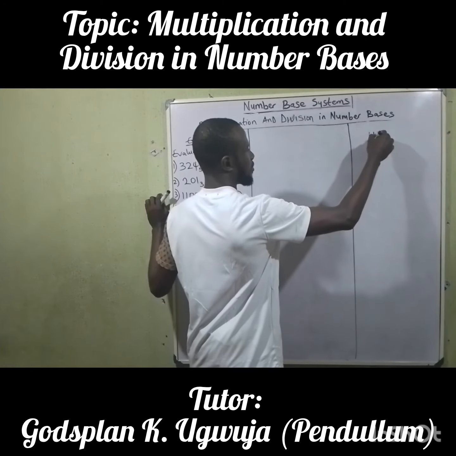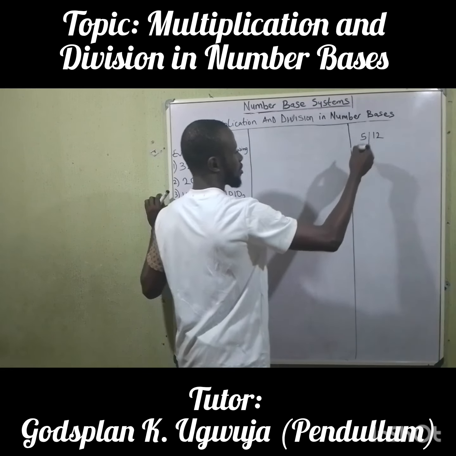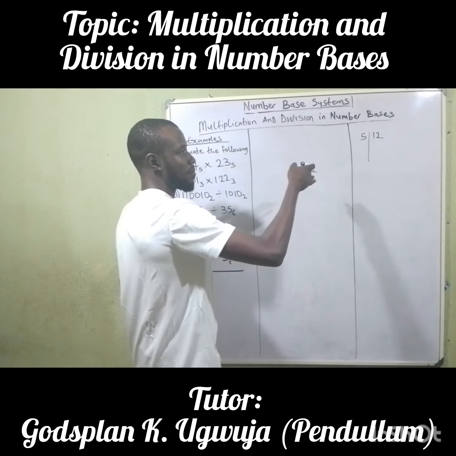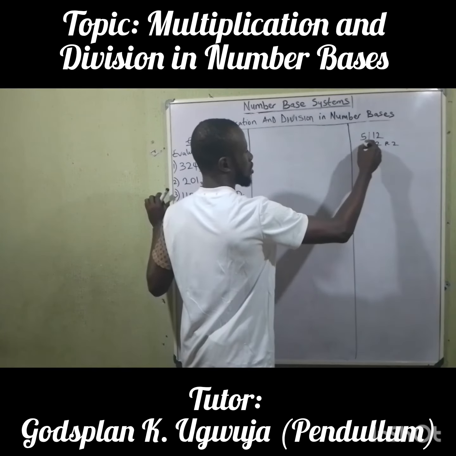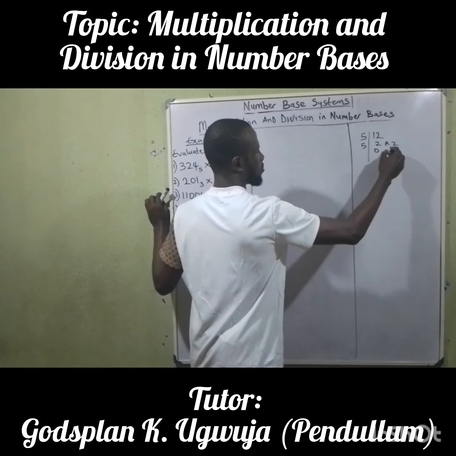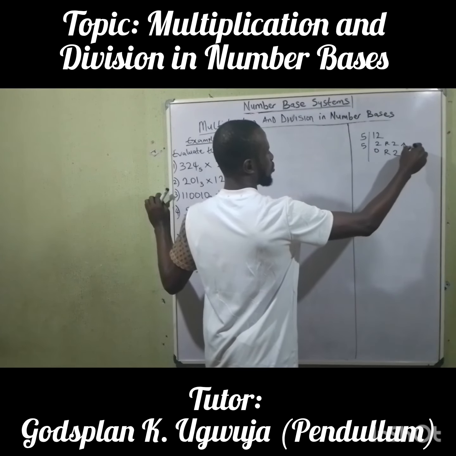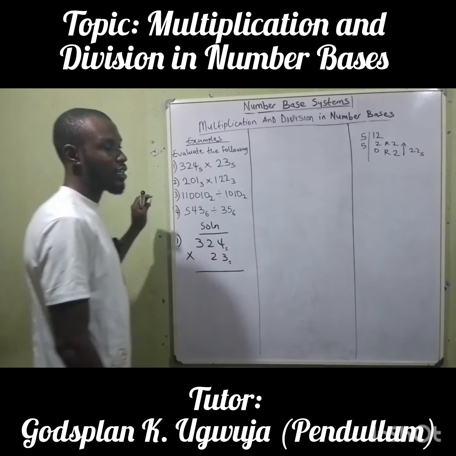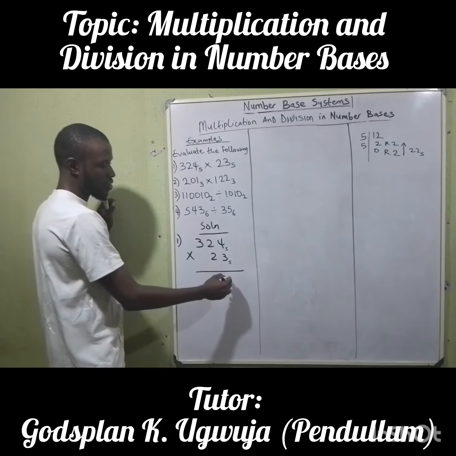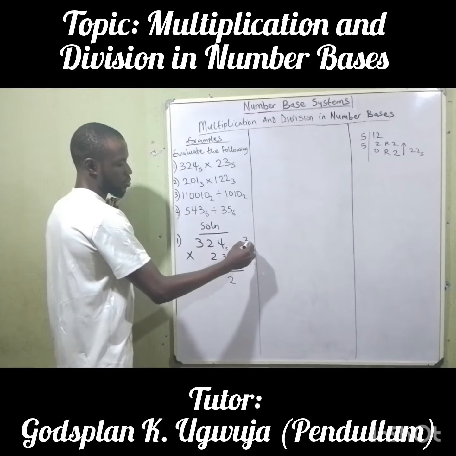And we convert by division. We divide 12 by 5. This is 2 remainder 2 and 0 remainder 2. So 12 in base 10 is 22 in base 5. We'll write down 2 and we'll carry 2.